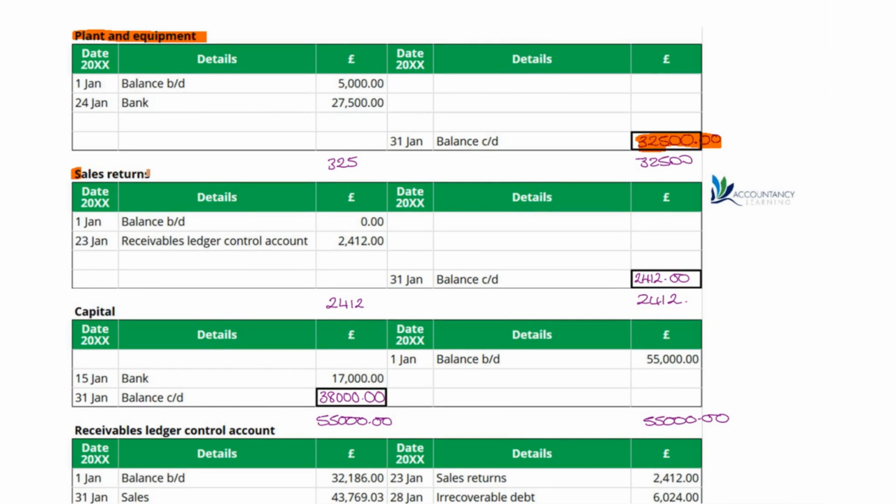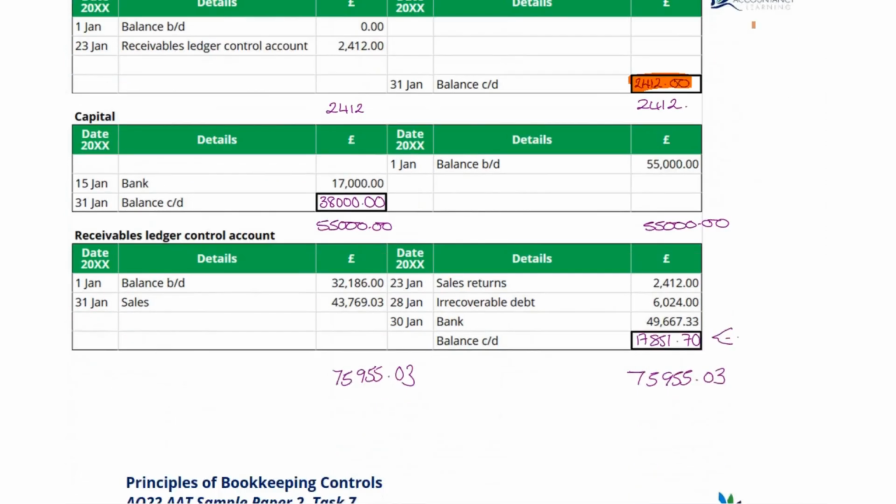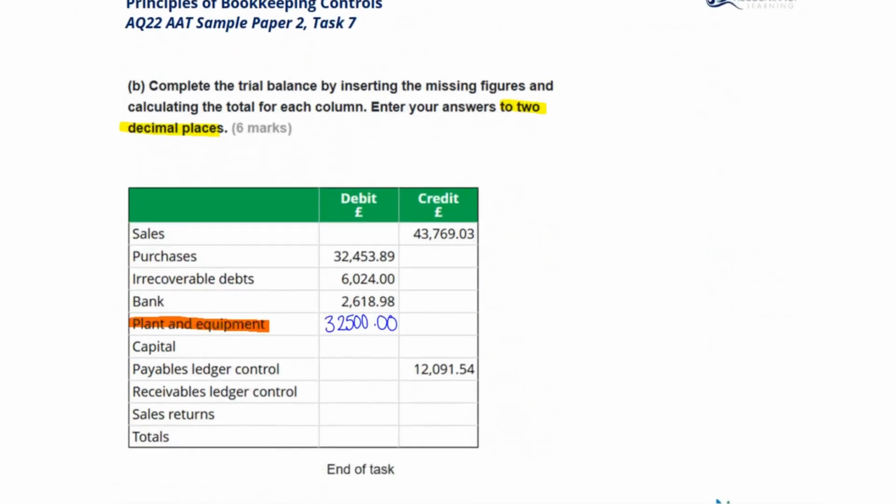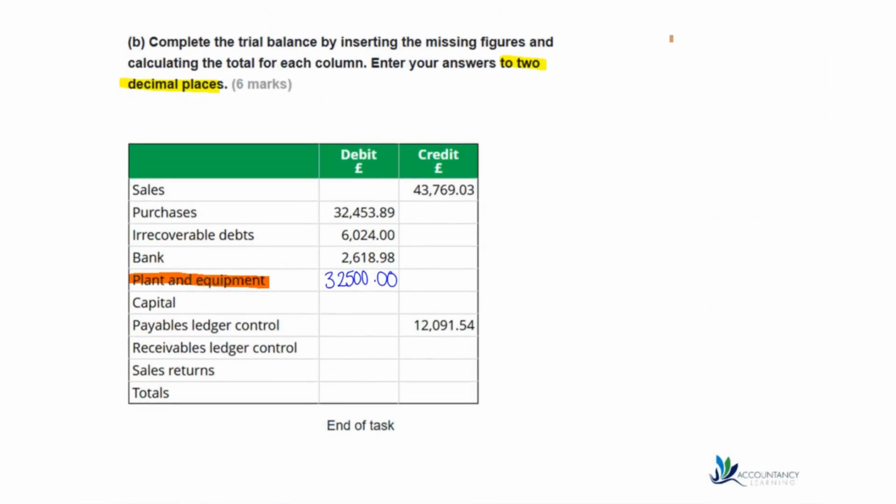Now we will look at sales returns. We've got 2,412. So sales returns is a type of expense to the business because customers have returned the product. So here's our sales returns, and that's going to be 2,412.